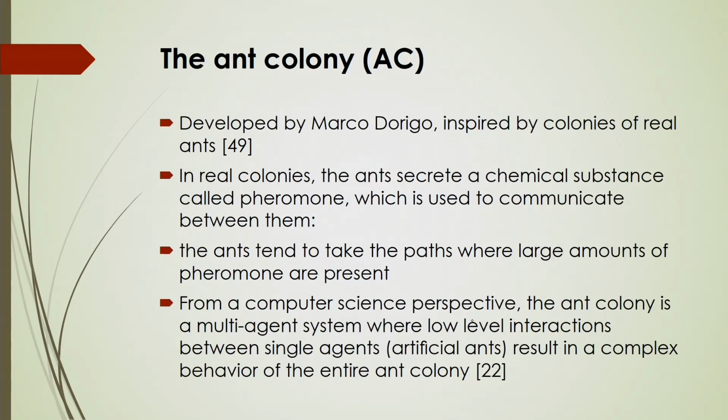Ant colony optimization was developed by Marco Dorigo and is inspired by colonies of real ants. In real colonies, ants secrete a chemical substance called pheromone, which is used to communicate between them, and ants tend to take the paths where large amounts of pheromone are present.